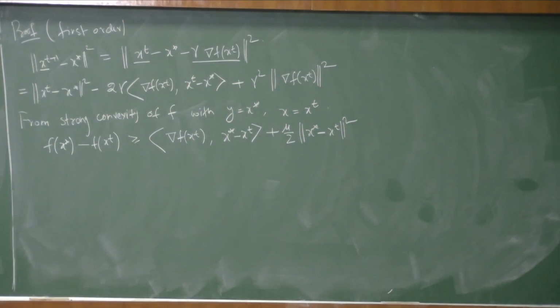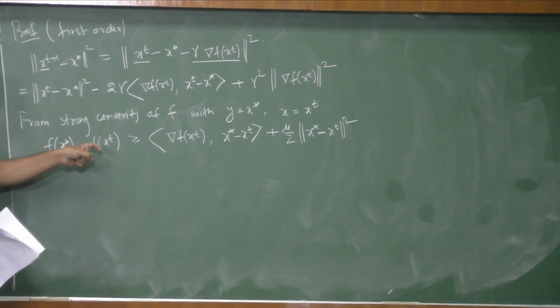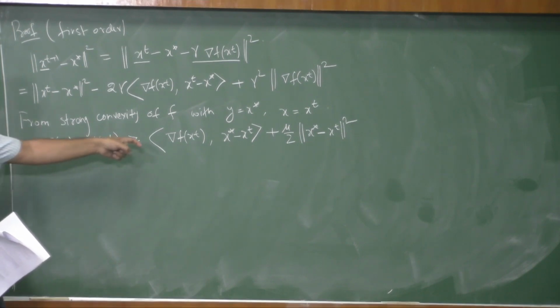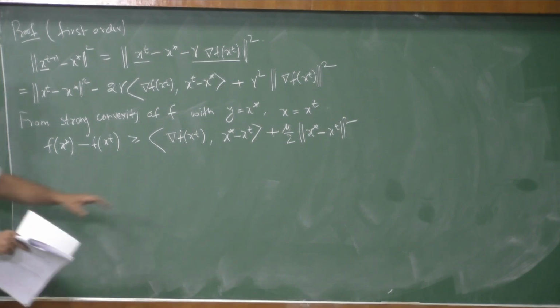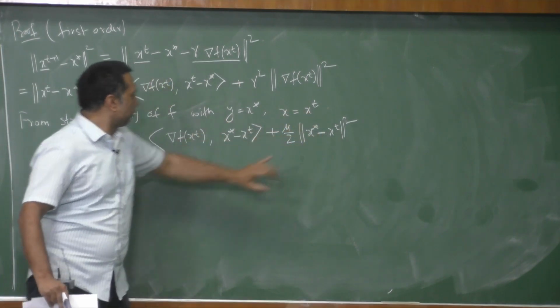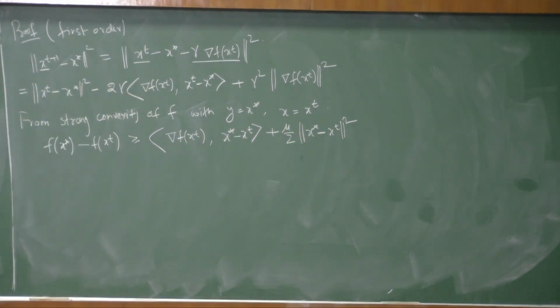I have just written the convexity argument, which was f(y) greater than or equal to f(x) plus grad f(x) times (y minus x). It's just that the f(x) term is now on the other side, so this is f(y) minus f(x) is greater than or equal to this. This is just the strong convexity definition. If this mu term was not there, it would be pure convexity, but in strong convexity we also have this term. So this is mu strongly convex, as given.